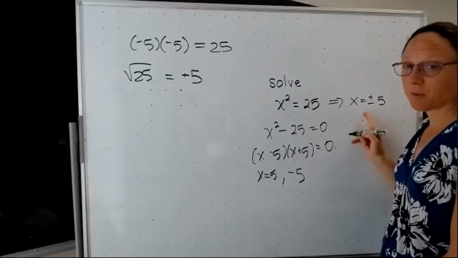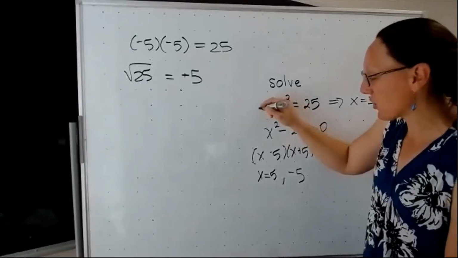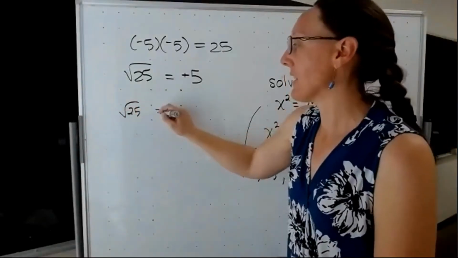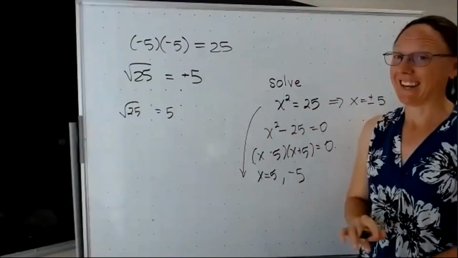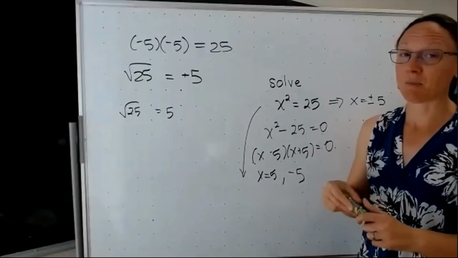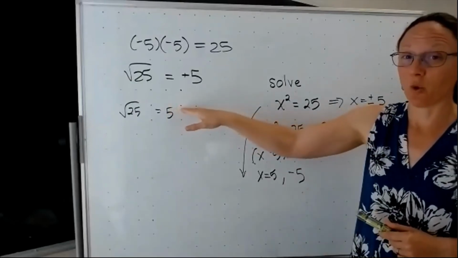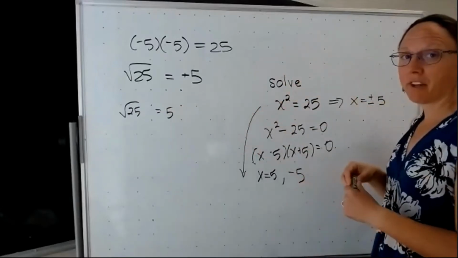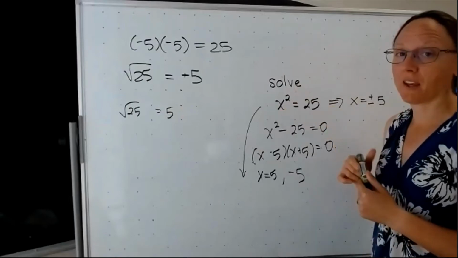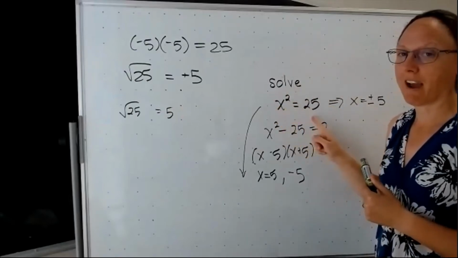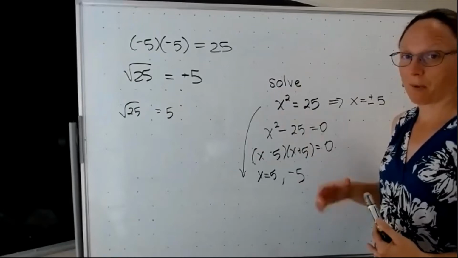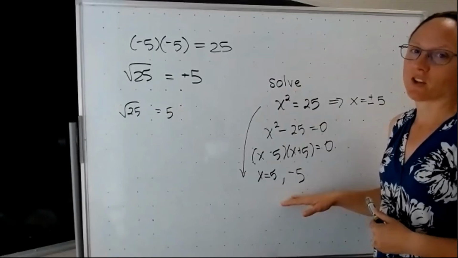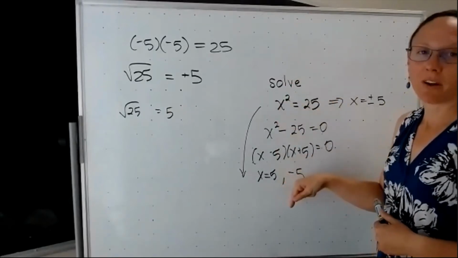The reason that x is equal to plus or minus 5 is actually because of this. The square root of 25 is 5 always, never -5. And that's because mathematicians made an arbitrary choice that this was true. So when you're doing algebra stuff, if I'm trying to solve for something and I've got x squared is equal to 25, it is important to remember that I've got two answers to this. The reason I have two answers is really because of this algebra.